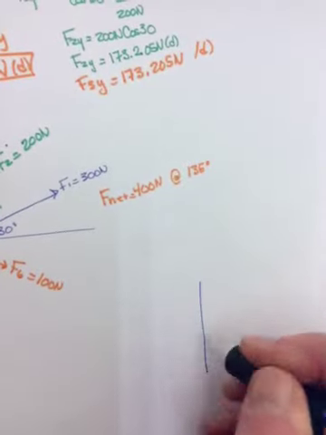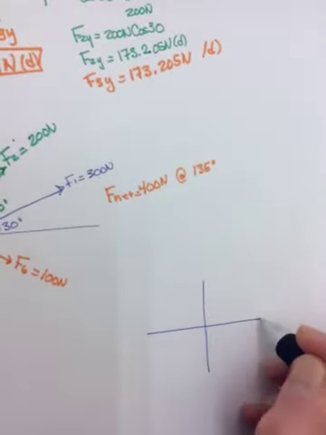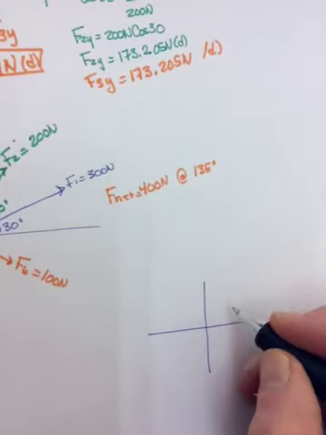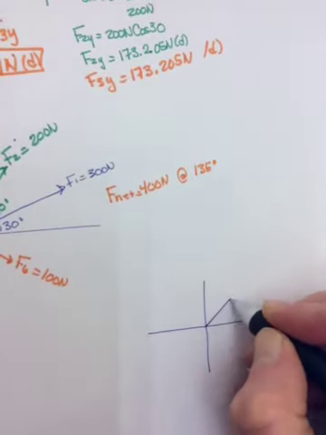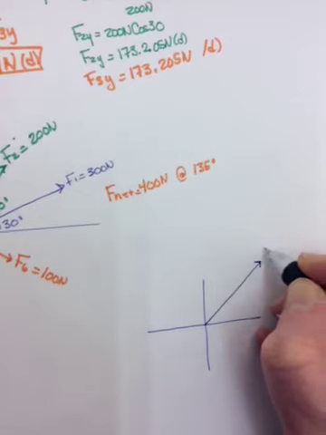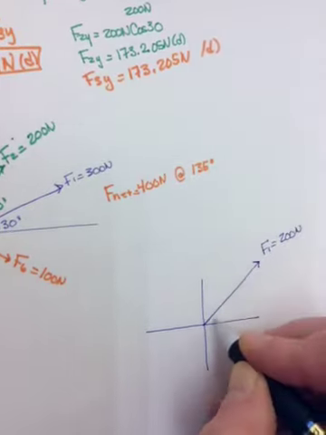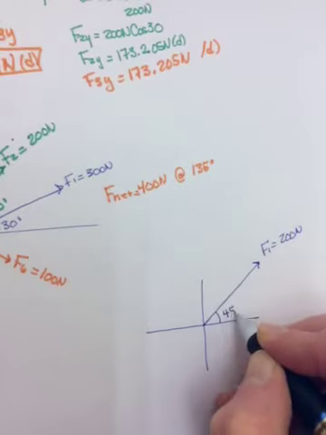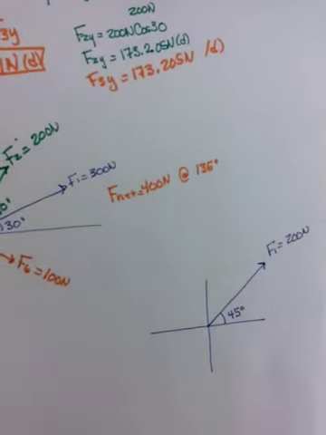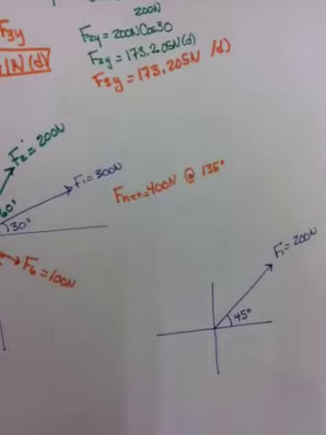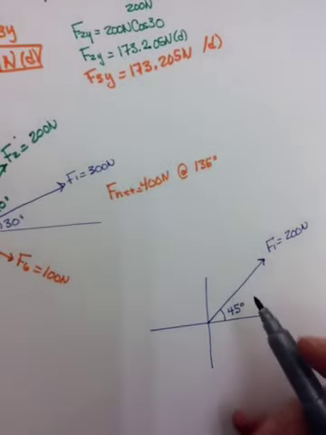So again, draw your XY axis. So the first one is 200 newtons acting at 45 degrees. So this is F1. It's 200 newtons, and this angle is 45 degrees. Now, unfortunately, they are not going to all cancel out prettily like they did last time.